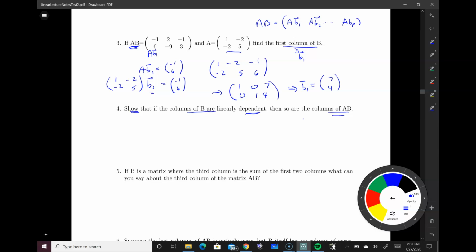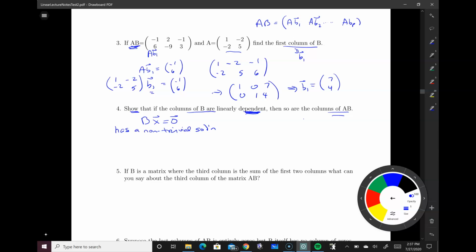By definition there's not a pivot in every column, but also there has to be a non-trivial solution. So Bx equals 0 must have a non-trivial solution, because if it was independent, Bx equals 0 would have just a trivial solution.